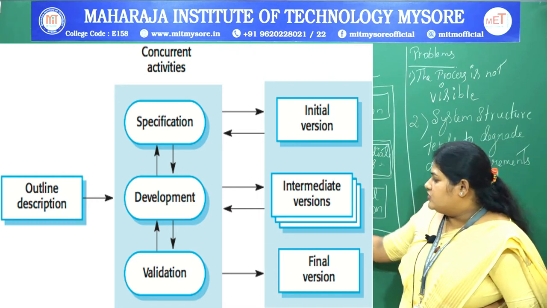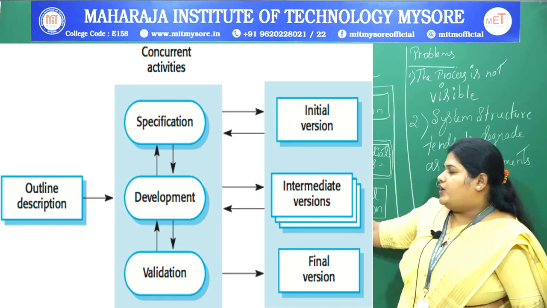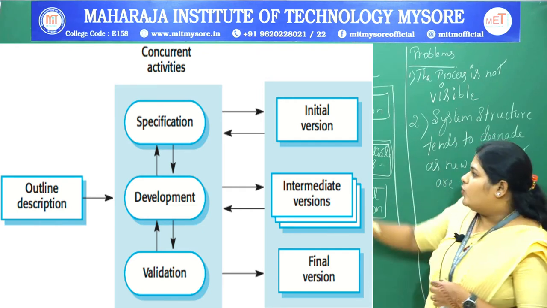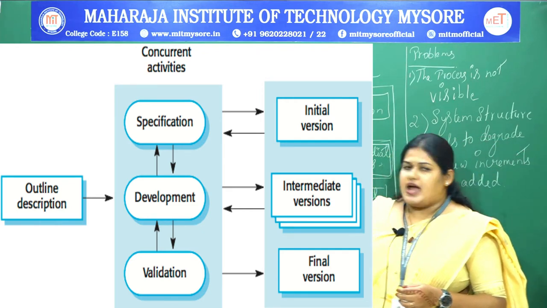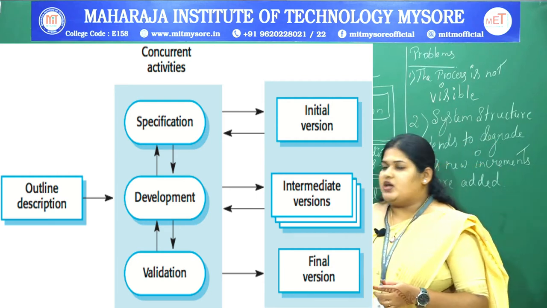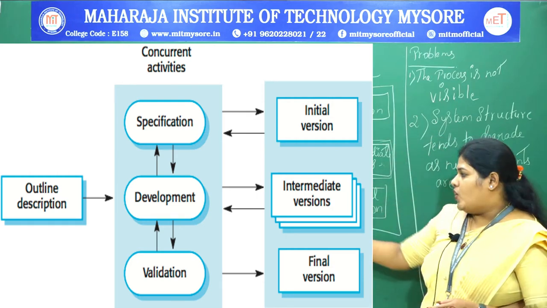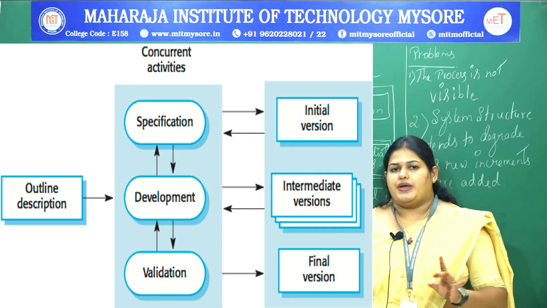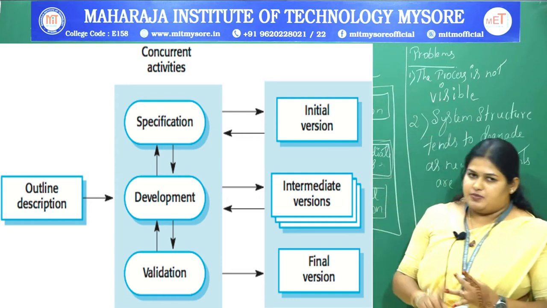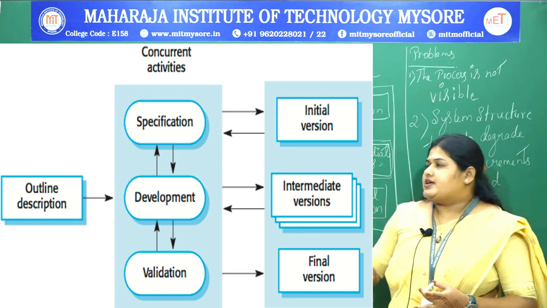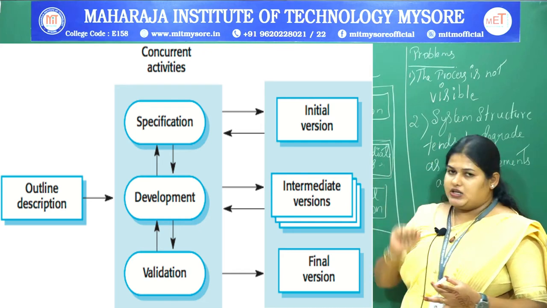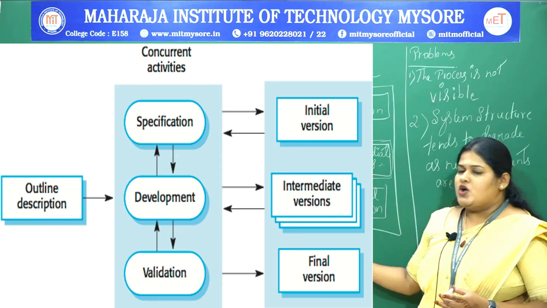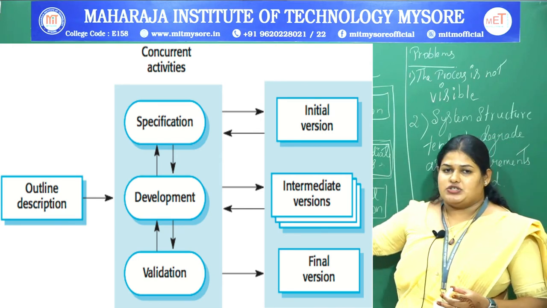Here there are no more changes, hence there is no arrow where you can add requirements. Requirements can be added only in the specification and development phases, but not in the validation process. So once it has reached validation, it cannot be changed. Keep in mind, only in the initial version and the intermediate version can you change the requirements, but not in the final version or the validation process.